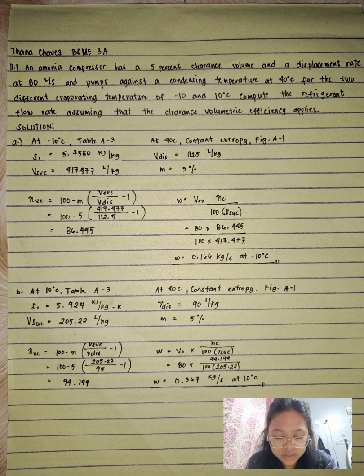To solve next for mass flow rate, again the same process, and to simplify, 80 times 94.199 over 100 multiplied by 205.22, and we have our second mass flow rate, which is 0.367 kilogram per second at 10 degrees Celsius.